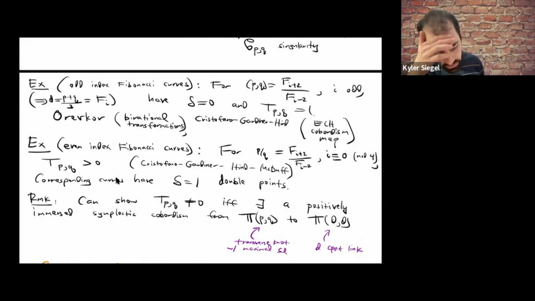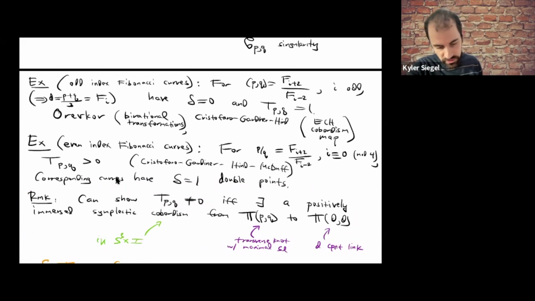Okay, and I just wanted to mention that I claim this is actually equivalent to a question in pure low dimensional topology. TPQ is non-zero if and only if there exists a certain immersed symplectic cobordism in S3 cross the interval between two transverse torus knots or torus links.